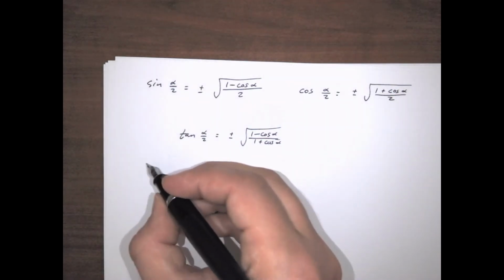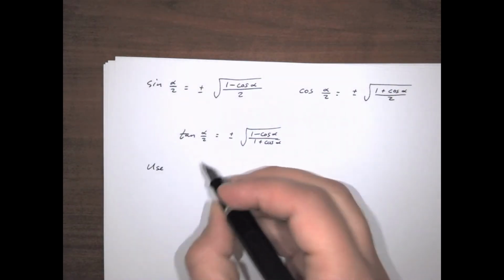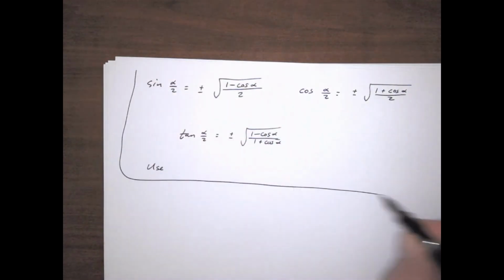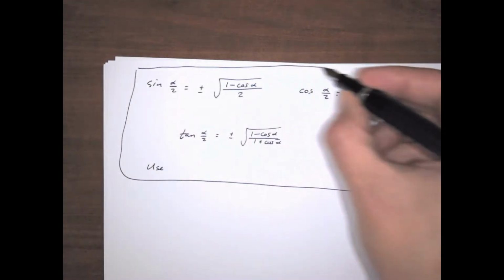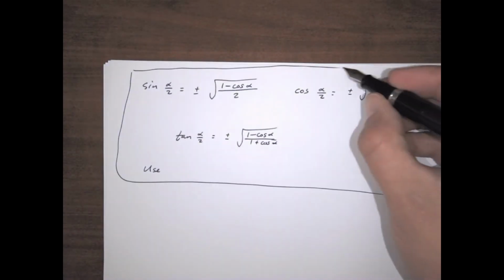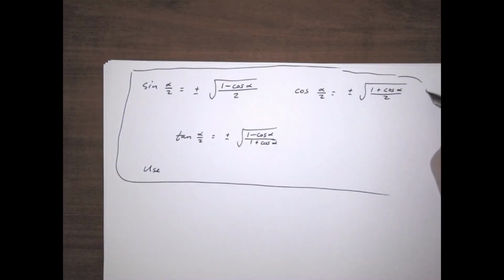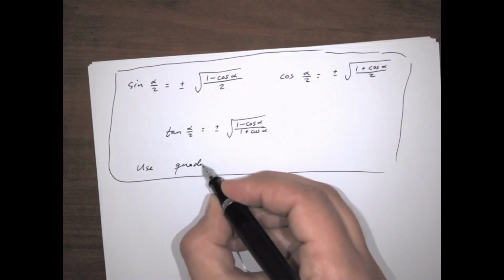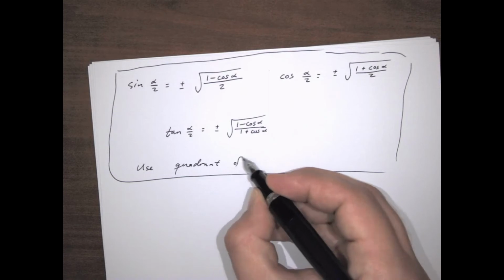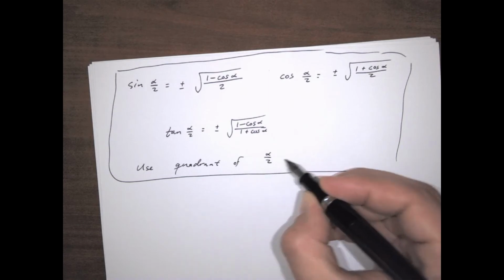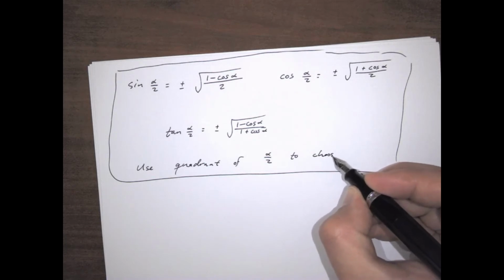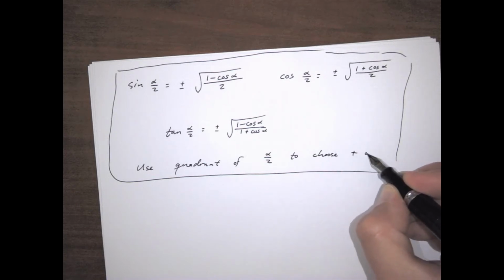And for all of these, I'm going to put this in a box here, because this is the punchline: use the quadrant of alpha over 2 to choose plus or minus.